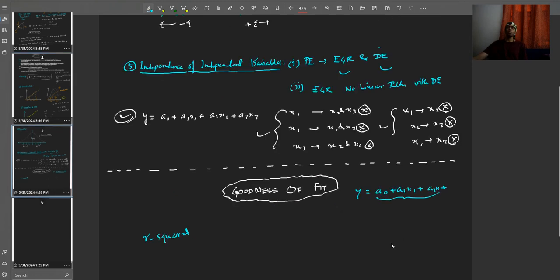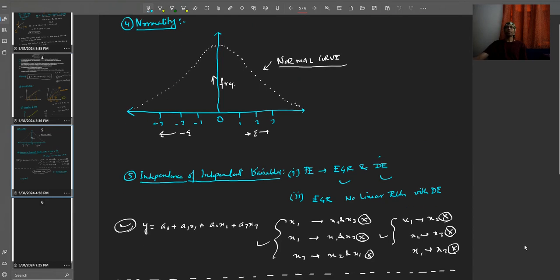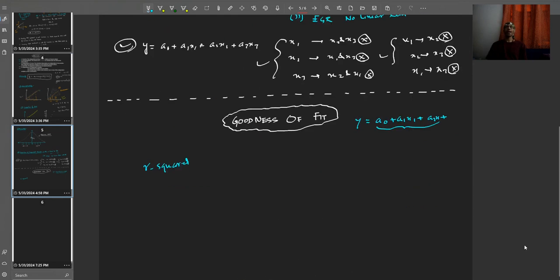So because we are talking about the exact value y, we add something called the error here. This basically represents the noise that is there in the data points. This portion, a0 + a1 x1 + a2 x2, is the line. But when you add the error to this, the data set becomes complete.